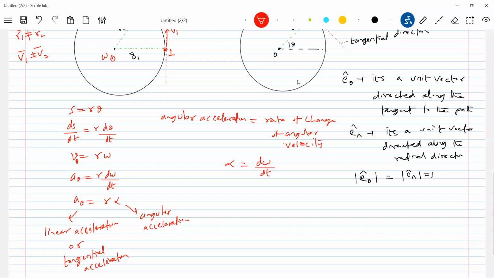Okay, let's do one thing. If a particle moves in a circular path, let's see all that. If the speed of the particle keeps on increasing, then what conditions will come? So this is the R bar.